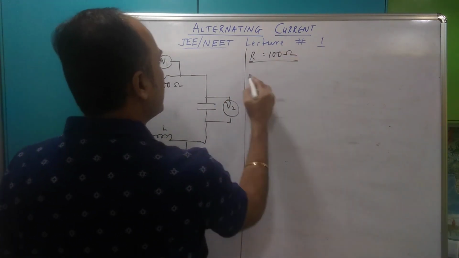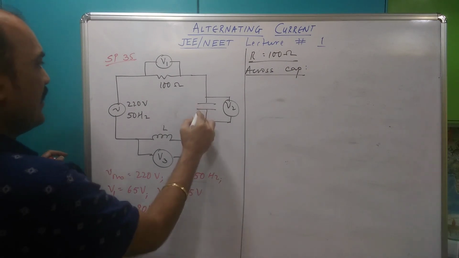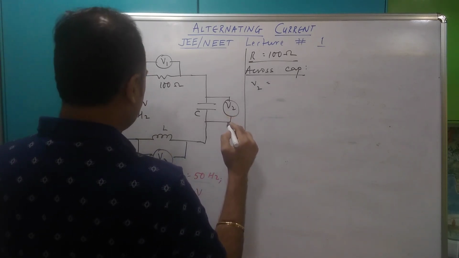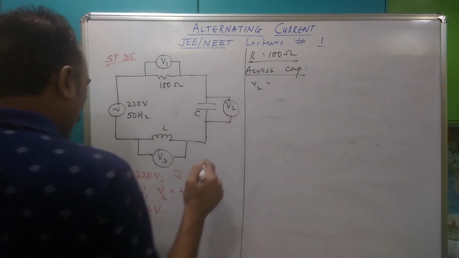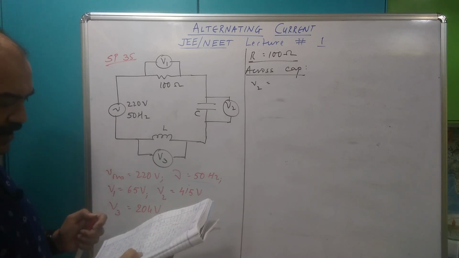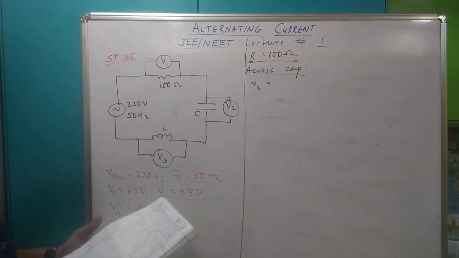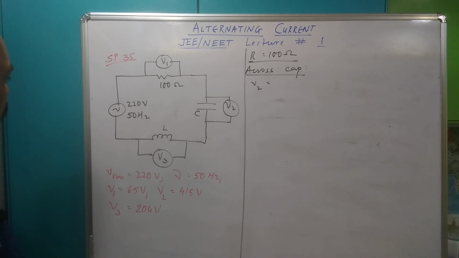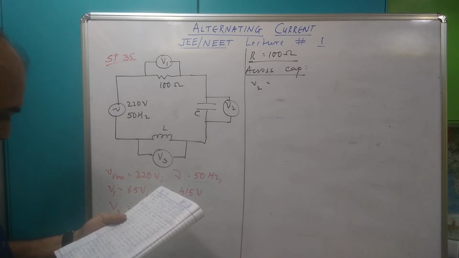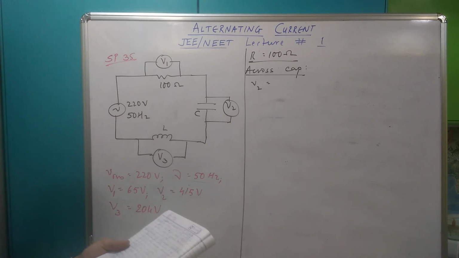Now across capacitor, कैपेसिटर के अक्रॉस कितना है, V2 ना. पर मुझे और क्या दिया हुआ है, करंट तो दिया हुआ नहीं है, वोल्टमीटर के रीडिंग्स दिए हुए हैं. करंट तो फाइंड करना है मुझे, और करंट फाइंड करने के लिए I need net impedance, तो नेट इंपीडेंस के लिए XC चाहिए. तो किस तरह मैं XC को वर्कआउट करूं, ओमेगा C, पर C तो दिया हुआ नहीं है, फिर क्या करेंगे, let's find out. अरे वैल्यू ऑफ C भी तो फाइंड करना है ना.